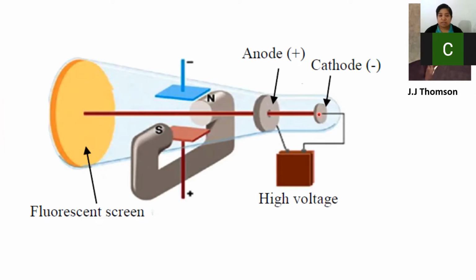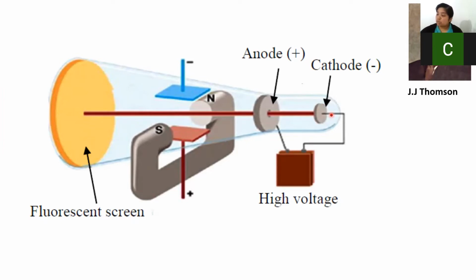When he did that, there was no change at all. And let's say next time he's changing this cathode, instead of copper, he's using iron. Again, repeat all the experiments. And still, he sees the same observation.